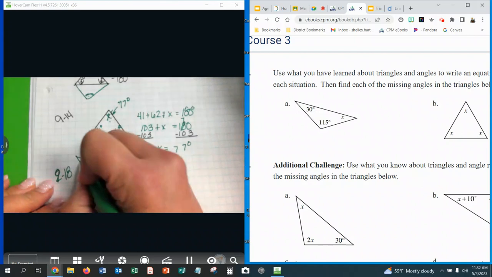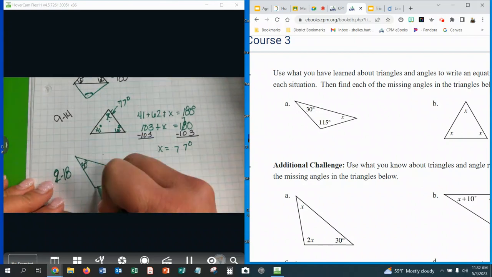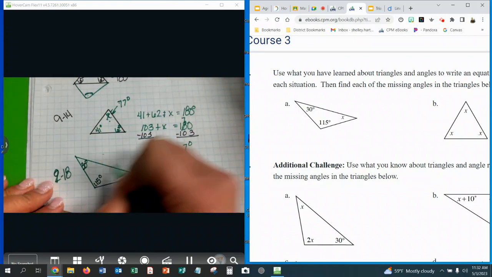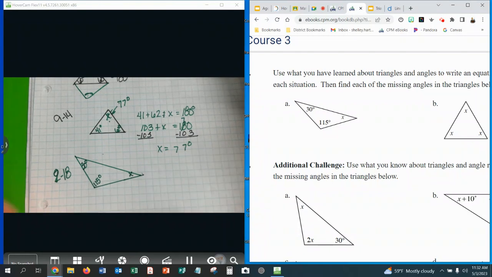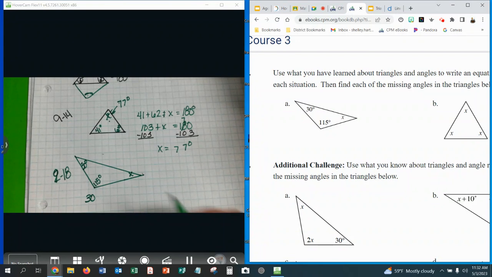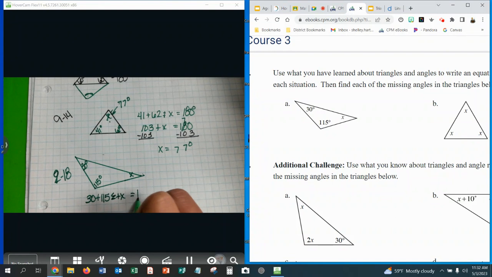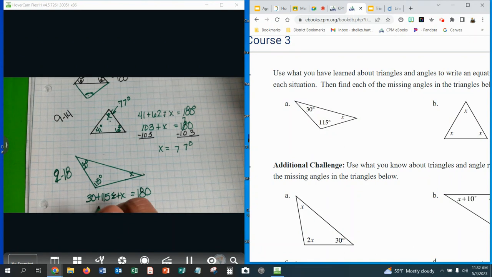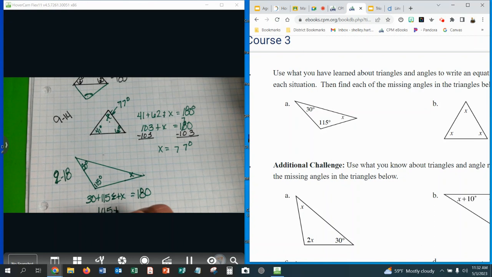All right, you got 30, 115 degrees. They want to know what this is. So we're going to set it up as 30 plus 115 plus x equals 180. 30 plus 115 is, perfect, 145 plus x equals 180.